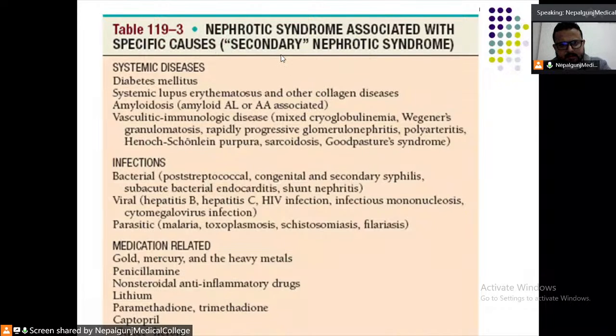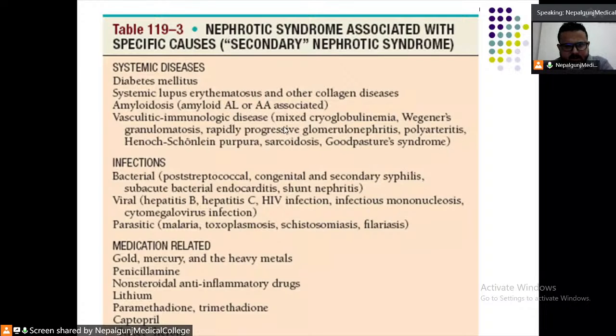Now the causes can be secondary. So what are the causes? Diabetes mellitus can be there, SLE is there, and other collagen vascular diseases are there. Also amyloidosis, vasculitis, immunological diseases like mixed cryoglobulinemia, Wegener's granulomatosis, RPGN, polyarteritis nodosa, HSP, sarcoidosis, Goodpasture syndrome.